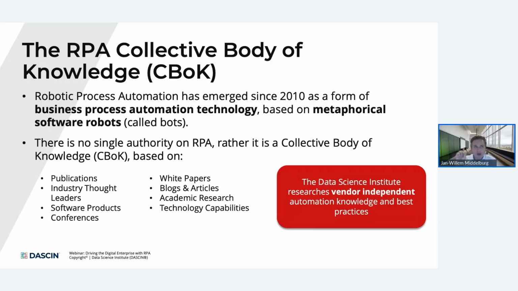Now, RPA in itself is not something that is significantly new. Process automation has been around for decades, and robotic process automation has been around since the early 2010s, when the first tools and software systems started to rise that were able to do this kind of automation.